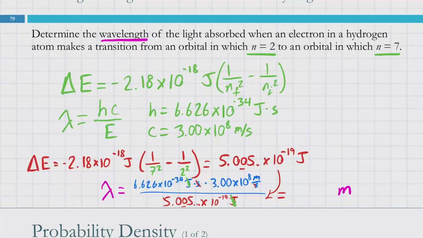And it is 3.97 times 10 to the negative 7 meters. And I accidentally grabbed my 7. Okay. Wrong tool.